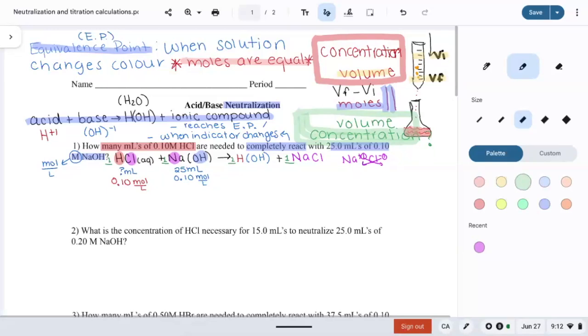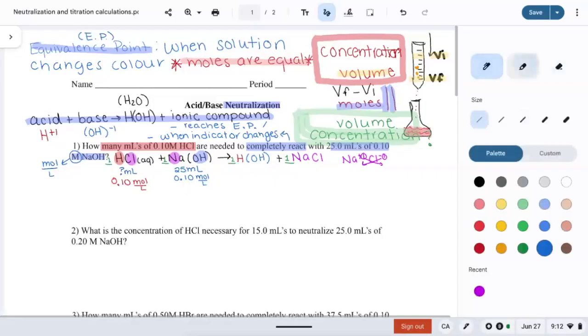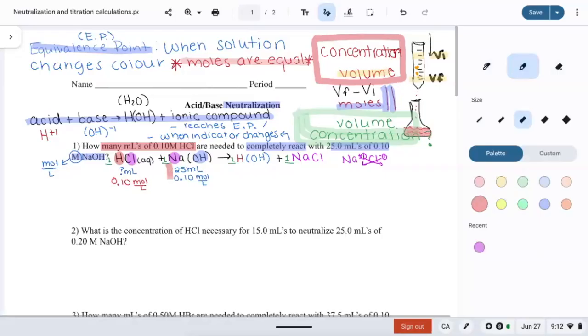And to do that, we have to look at where we have all the information. So here we have all the information. So we'll use that to find information where we don't know something.